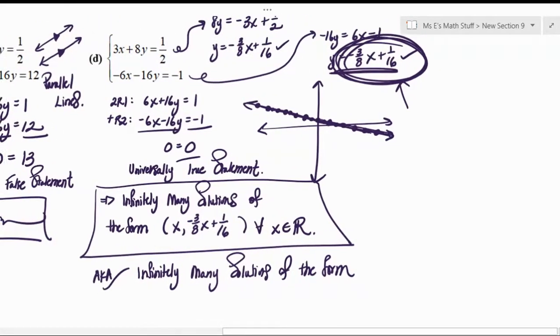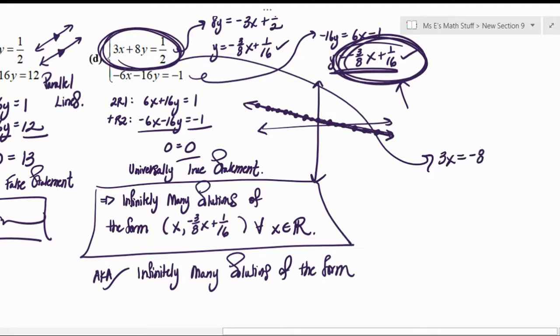Every once in a while, you might find it handier to write it in terms of y. I wouldn't say this problem is one of them, but let's say with one of the equations, I decided to solve for, instead of solve for y, I solve for x. So maybe I subtract that 8y over, and then divide both sides by 3.